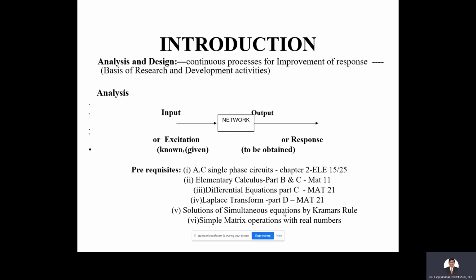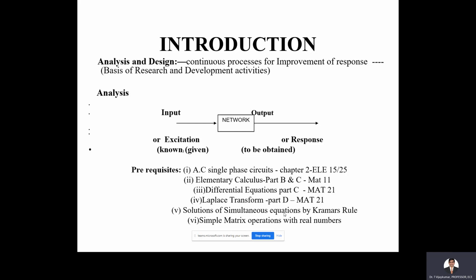What is meant by a circuit is that it contains either passive elements or passive and active elements, but it forms a closed path. That we can call a circuit. Whatever input we apply, either voltage or current, we call it an excitation. When I apply this voltage or current, we get an output. That output we call a response.